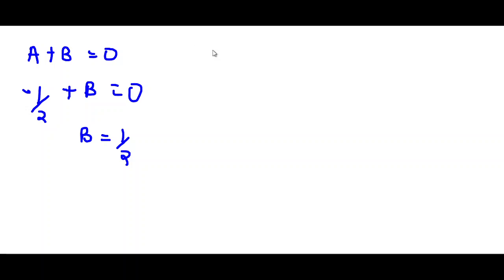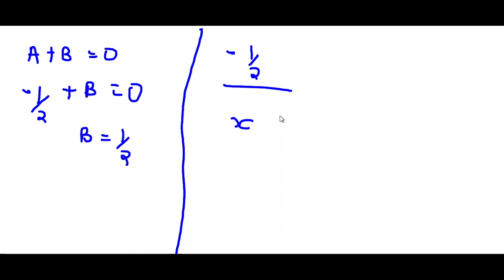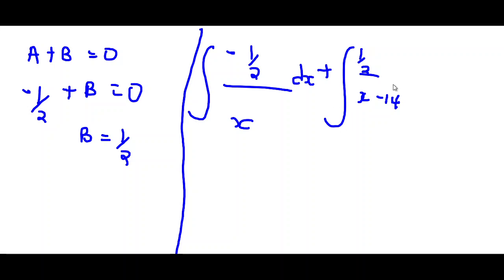And from the technique that is used in partial fractions, we saw that it was a over x, and the value of a is negative a half, so you just replace it, so it will be negative a half over x. We add the integral sign together with the dx, plus b, which is a half, over x minus 14, the integral sign together with the dx.